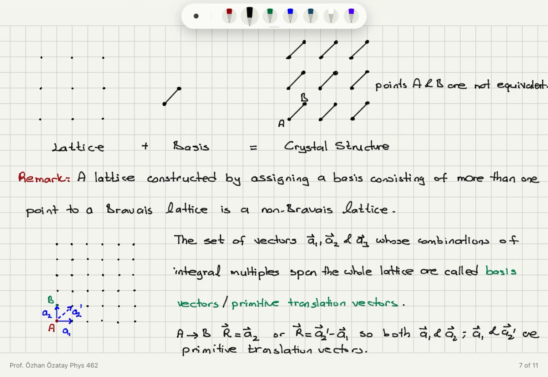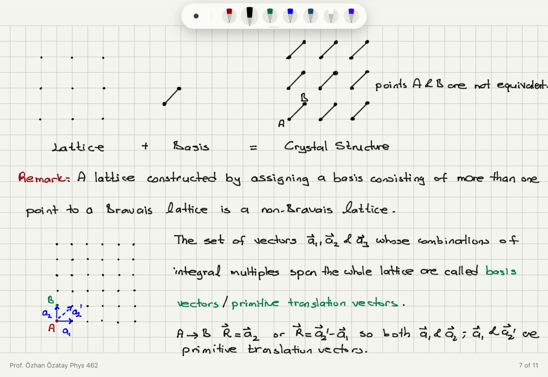And when we turn a Bravais lattice into a crystal structure and reconstruct a lattice consisting of the new points that we have assigned, the new crystal lattice is not Bravais. So the underlying lattice structure is Bravais, and then we have the basis. If we consider all of the points created by the basis as well, it turns into a non-Bravais lattice.